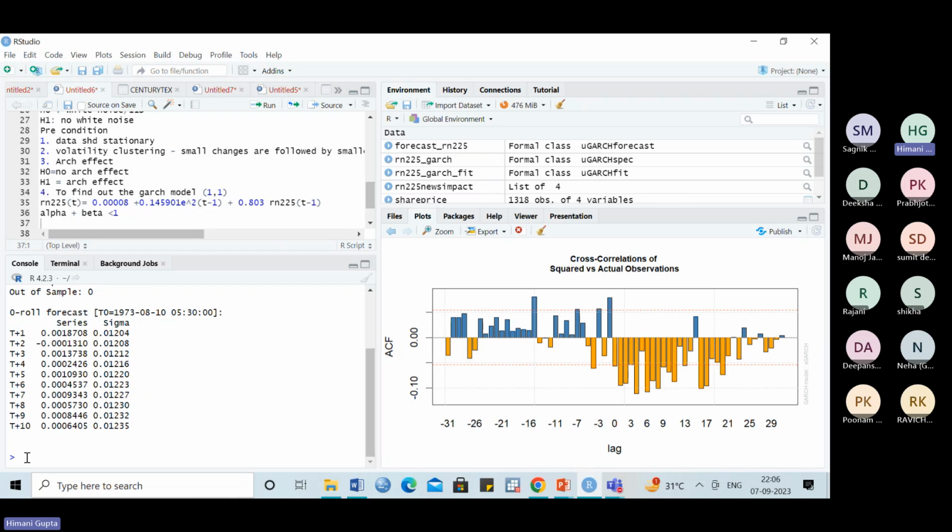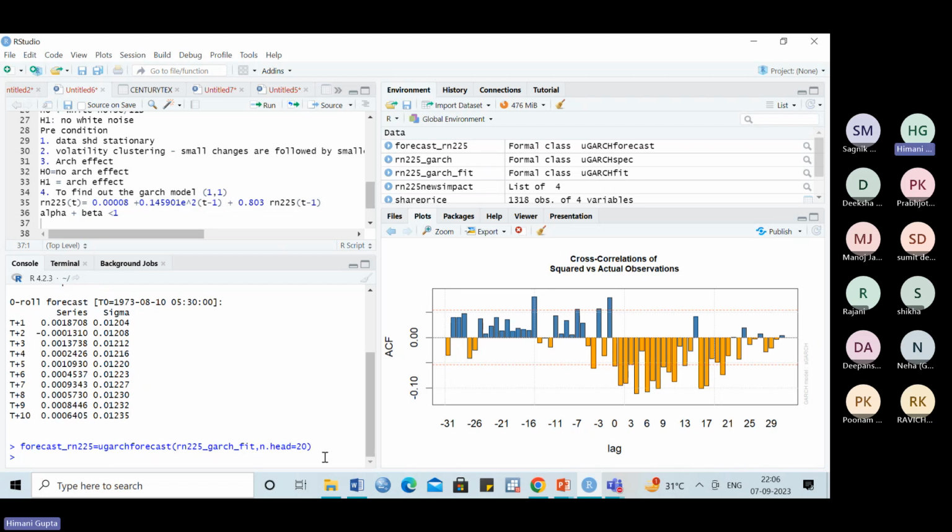And if you want to predict the volatility of more than 10 days, that means I want to predict the 11th day volatility, 12th day volatility, then instead of n dot head, you will be using n dot ahead. If you use n dot head equals 20, you will again get only 10. For example, I'm using n dot head equals 20 and then applying forecast RN225.